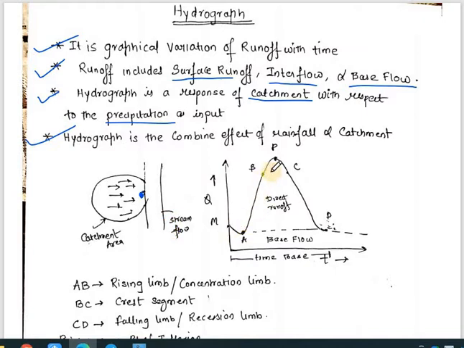The graph will look like this because this area has the maximum area on this side and less area on this side, so maximum water will be collected on this side. Initially the runoff will be less, but ultimately it collects more and more water, rises to a peak point and then falls down. So you can get this type of diagram from your catchment area if you put a gauge in your stream.